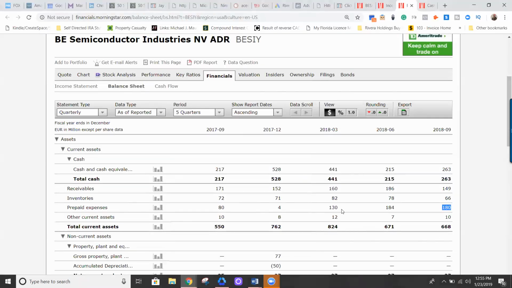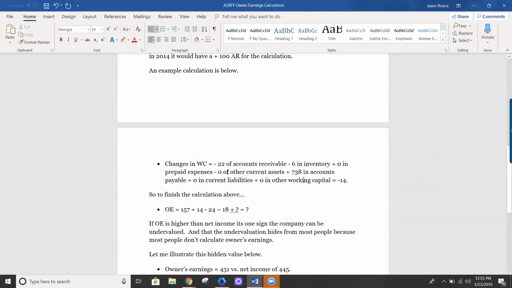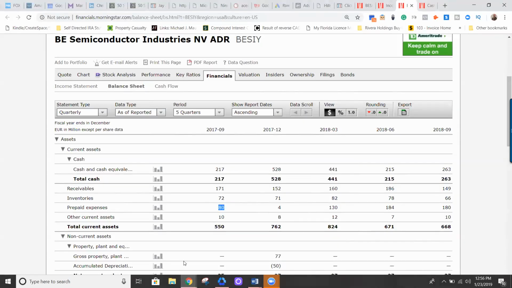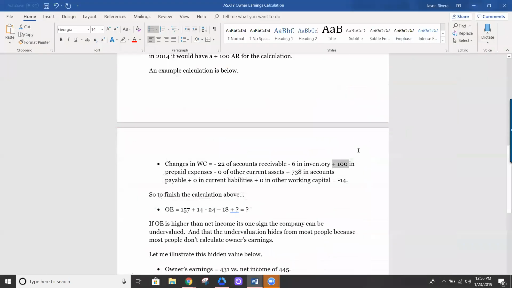Prepaid expenses. So 180 minus 80. Again, correct? 100. Okay, this is our first one that's actually positive for either company. Does that make sense, guys? Okay. Other current assets, 10 minus 10, so 0.